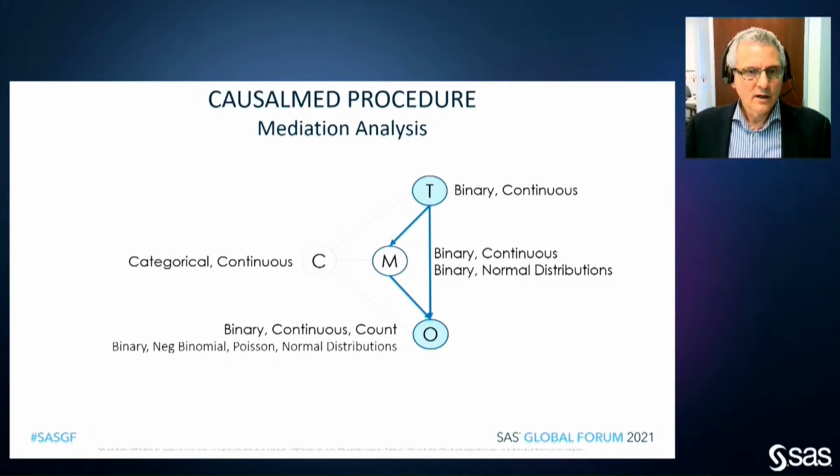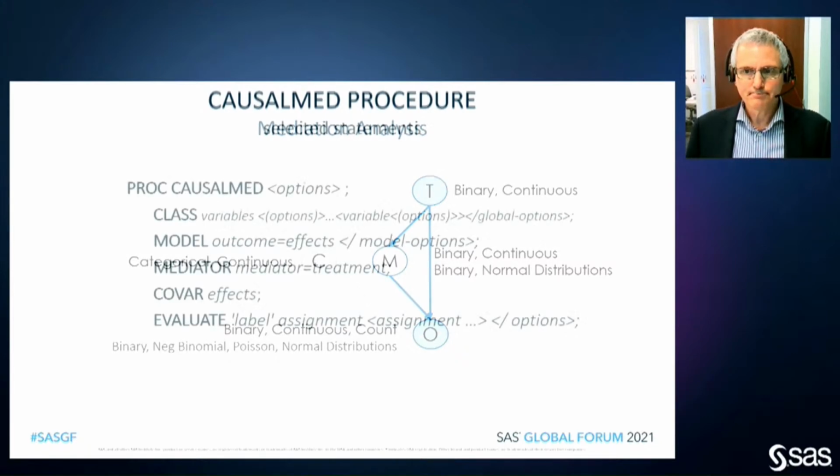And the distributions supported are binary, negative binomial, Poisson, and normal distribution. The mediator and outcome nodes, which will be response variables in the fitted model, have distributional assumptions, and they're shown here as we just described.